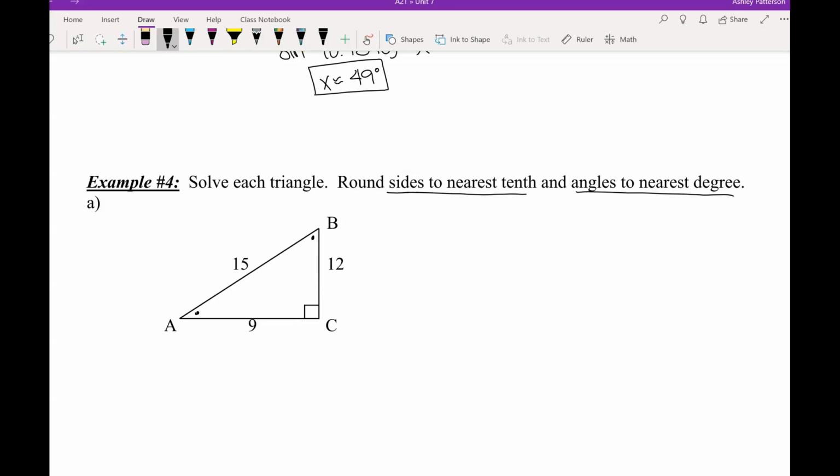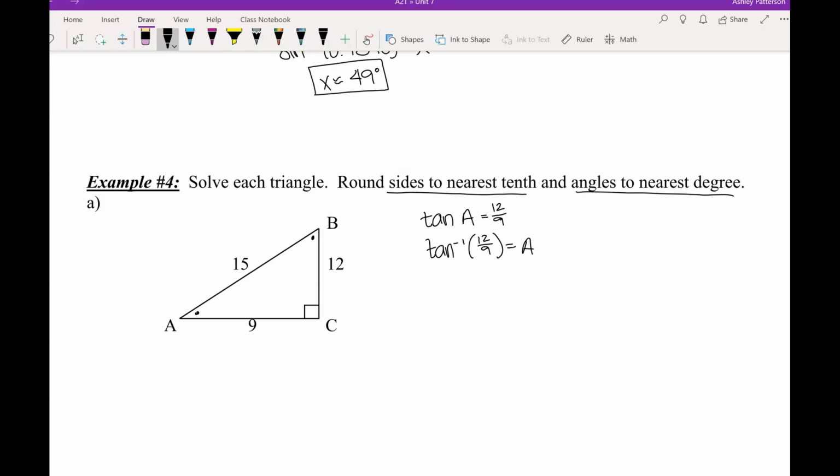I do have all 3 sides, so I could use sine, cosine, or tangent. It doesn't matter. I'm going to choose tangent. The tangent of angle A is opposite over adjacent. The opposite leg is 12. The adjacent leg is 9. And then I'm going to use my inverse tangent of the side ratios to give me the angle.